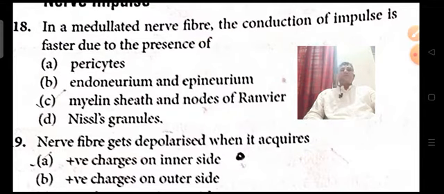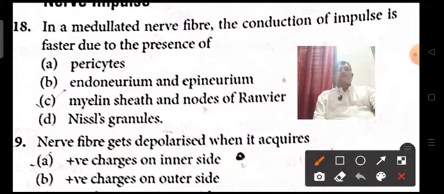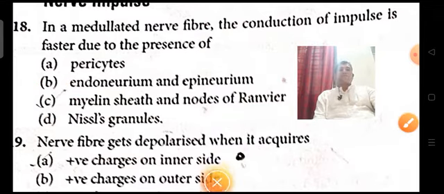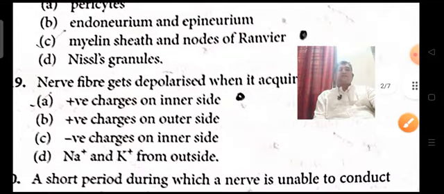In the same way, in the myelinated neuron, containing the myelin sheath and the nodes of Ranvier, the impulse conduction is fast when compared to unmyelinated neurons. So the option here is C.